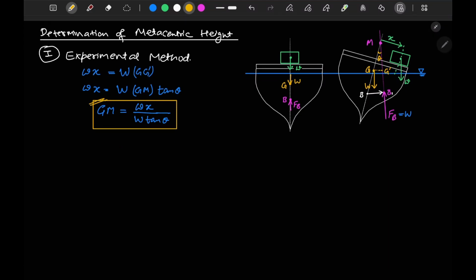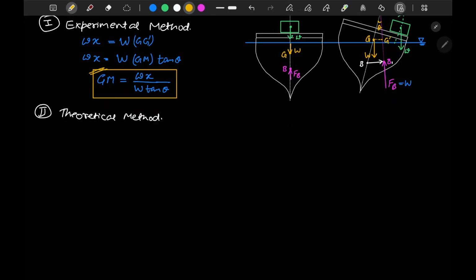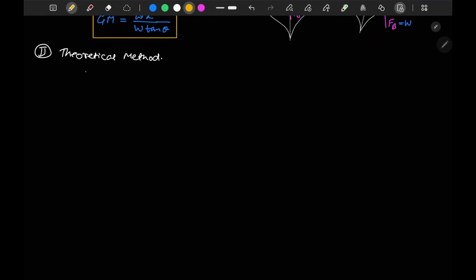Your second method is the theoretical method. According to the theoretical method, your metacentric height GM is equal to BM minus BG.